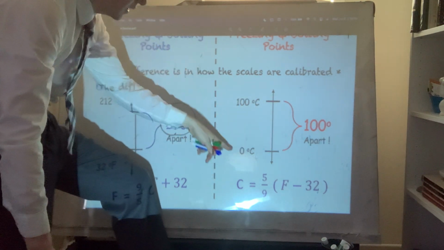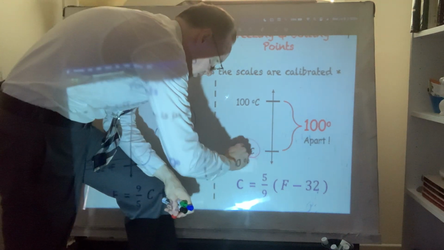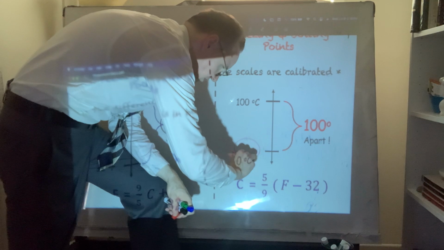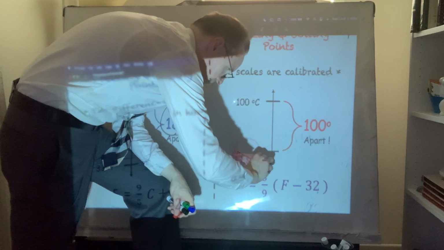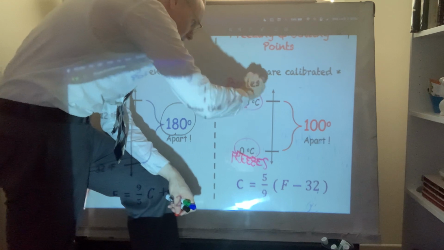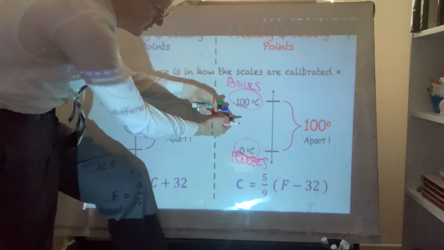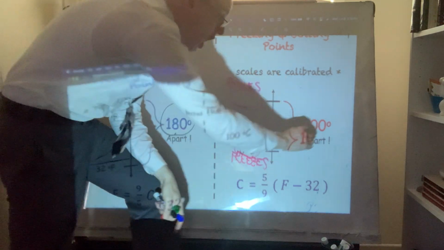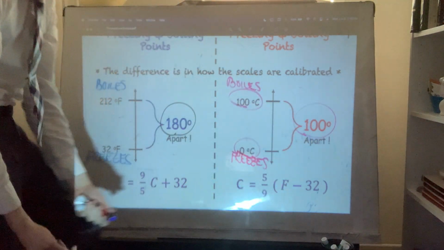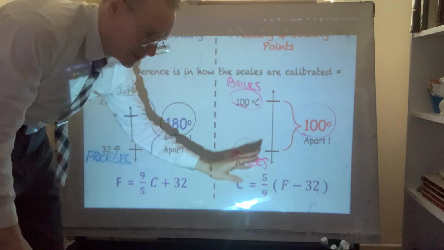This is the freezing point of water, 0 on the Celsius scale, and this is the boiling point of water on the Celsius scale, and the way it is calibrated is so that the distance between these is exactly 100 degrees apart.